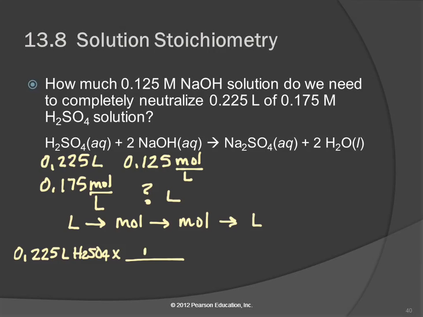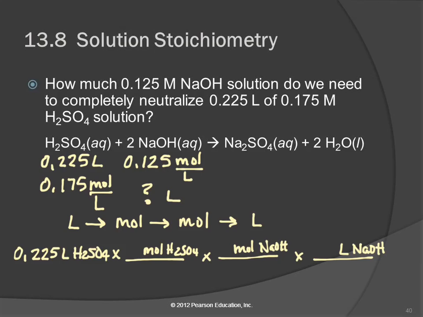So here we're going to have moles of H2SO4, and then we're going to have moles of the other thing, the sodium hydroxide. And then we're going to go to liters of sodium hydroxide. We write out our path, liters to moles to moles to liters.